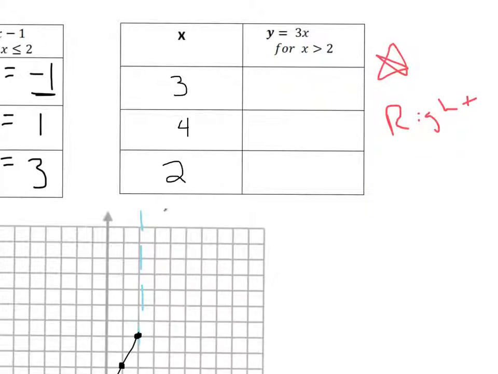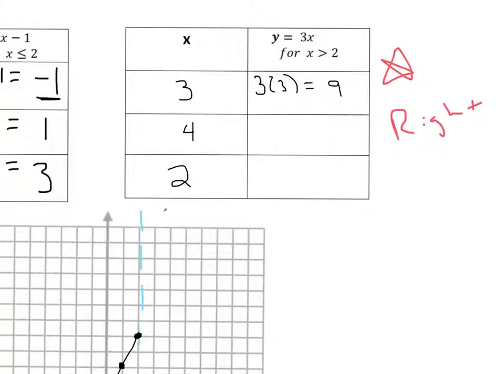When x is 3, y is 3 times 3, which is 9. When x is 4, y is 3 times 4, which is 12. And when x is 2, y is 3 times 2, which is 6.